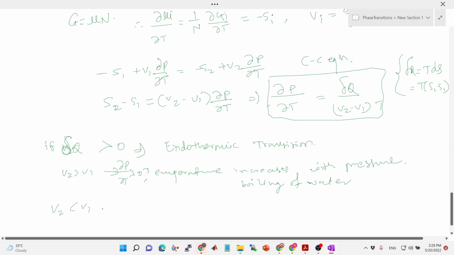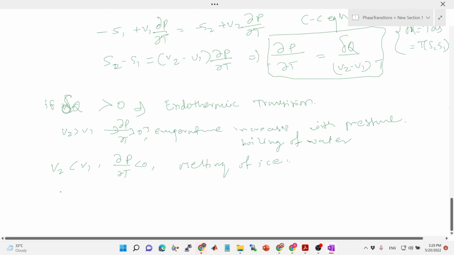If V2 is less than V1, then delta P by delta T is negative, and that means phase 2 has less volume than phase 1. So you can think of this as the melting of ice, because we know that ice has more volume than liquid water.